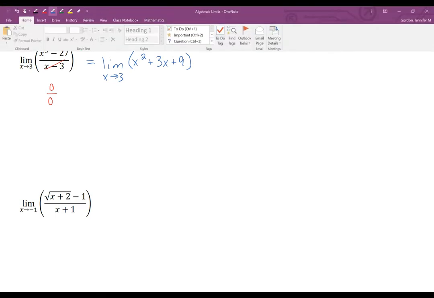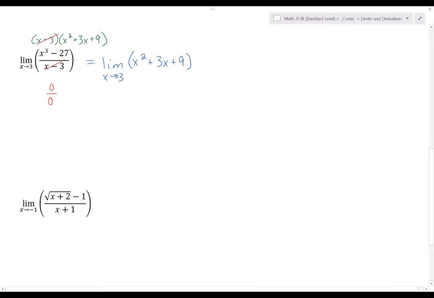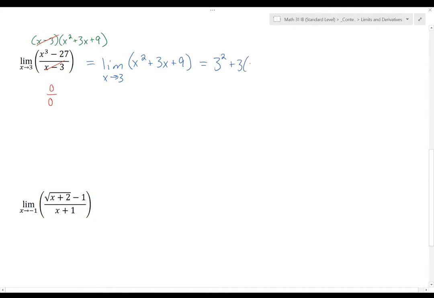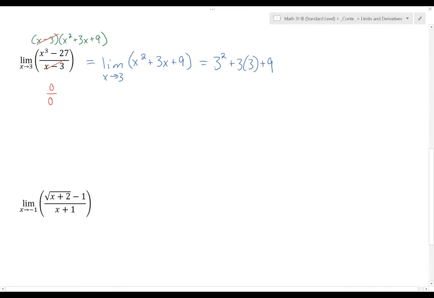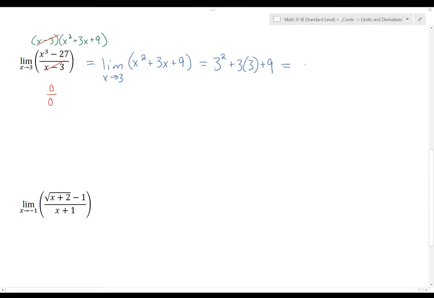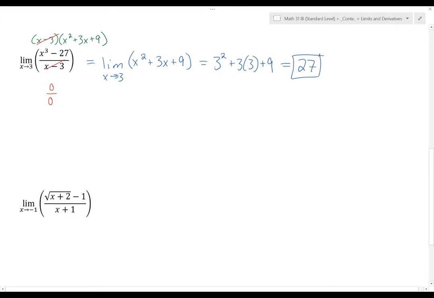To figure out where that hole is, I can now substitute 3 into this. So 3 squared plus 3 times 3 plus 9, which is 9 plus 9 plus 9, which is 27. So the limit as x approaches 3 of x cubed minus 27 over x minus 3 is 27. Or in other words, the point of discontinuity would be the point (3, 27).